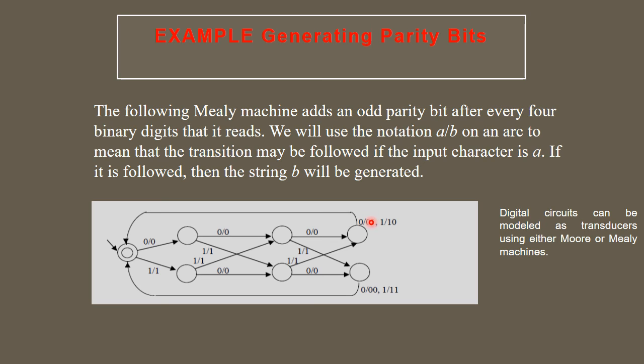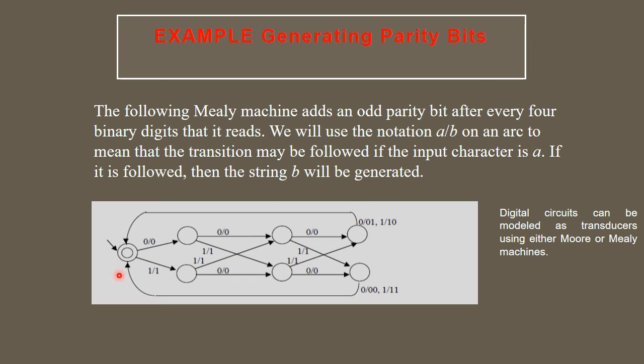So when it reads 0, it generates 0 1, because there are 4 zeros, and to make the number of ones odd, it just gives 1. Now in case it reads 1 as the fourth bit, then it is going to generate 1 0. Why? Because this will be the fourth bit and this will be the fifth bit. So it is making only one 1 in the list.